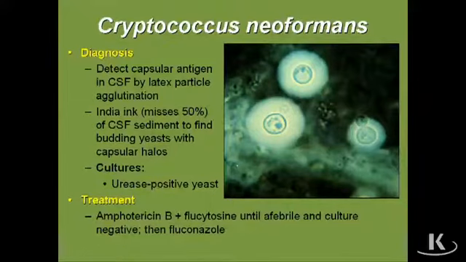So that's an important feature about Cryptococcus. Now the treatment is a little bit different, all right, for Cryptococcus. You have to use amphotericin B and flucytosine until that patient is afebrile and culture negative, and then you have to treat with fluconazole. So it's a multiple drug regimen, and it's usually for a longer period of time.